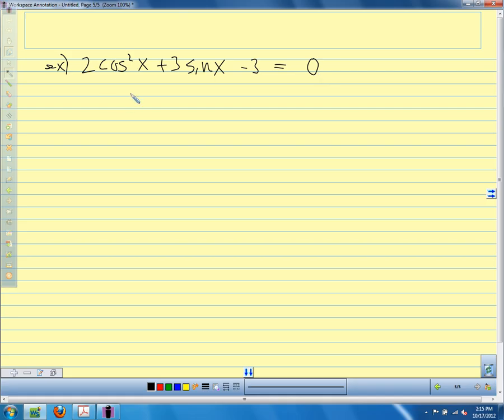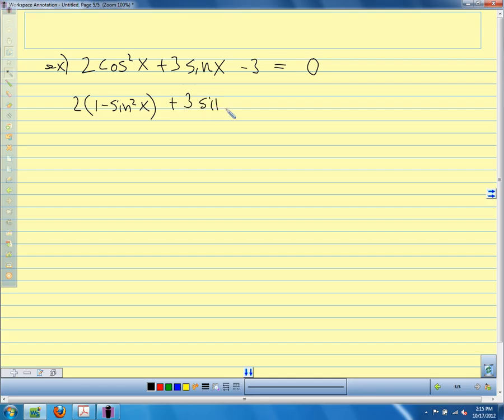Right, we can use a Pythagorean identity for cosine squared and write it in terms of sine squared. So I'm going to write this first term as 2 times 1 minus sine squared x. So I have all my terms the same. This is our Pythagorean identity.